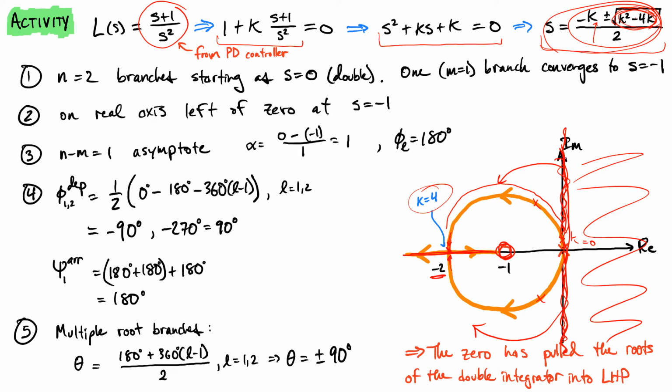It actually pulls them into the left half plane, which helps. So by putting in this PD controller, particularly the derivative part, which gives us the 0 here, that's what's actually pulling us down like this and making it more stable. So those roots moving into the left half plane is important for that stability characteristic.